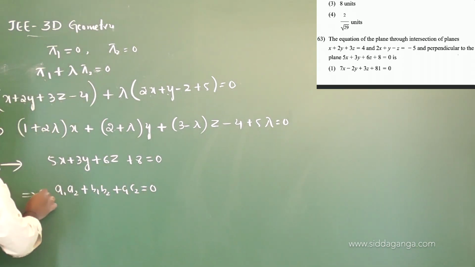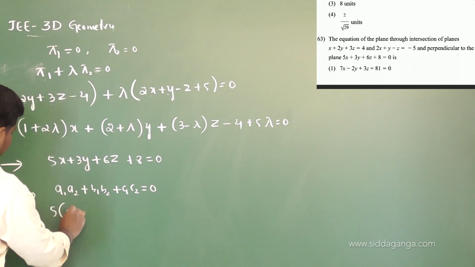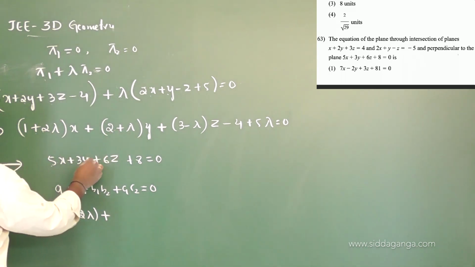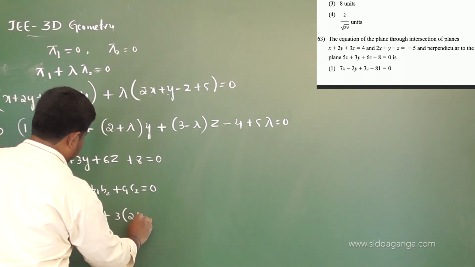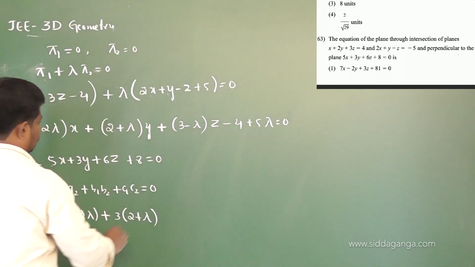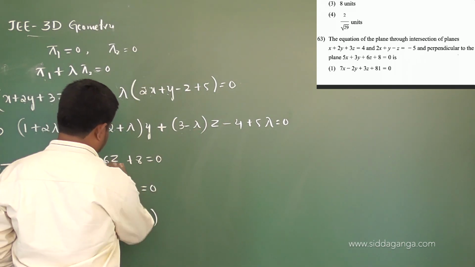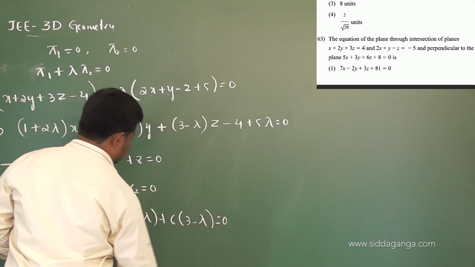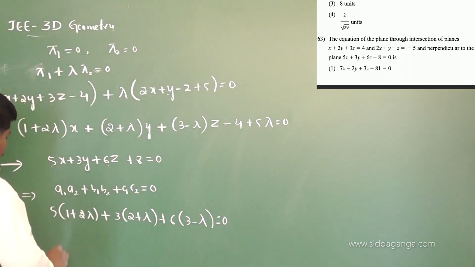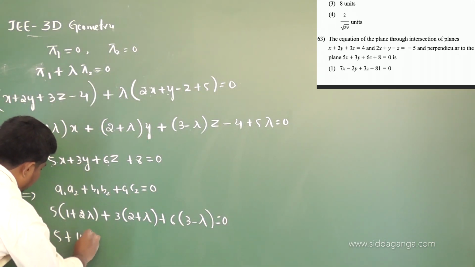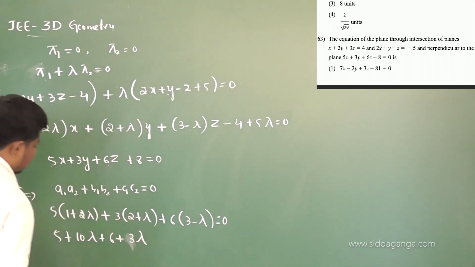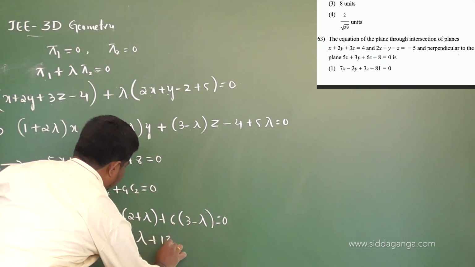So (1 plus 2 lambda) into 5, plus (2 plus lambda) into 3, plus (3 minus lambda) into 6 equal to 0. So now you get 5 plus 10 lambda plus 6 plus 3 lambda plus 18 minus 6 lambda equal to 0.